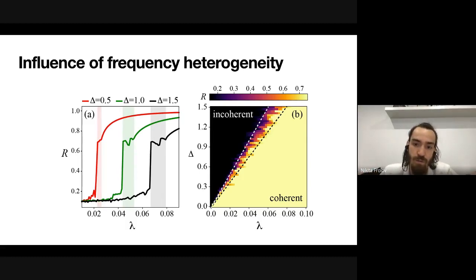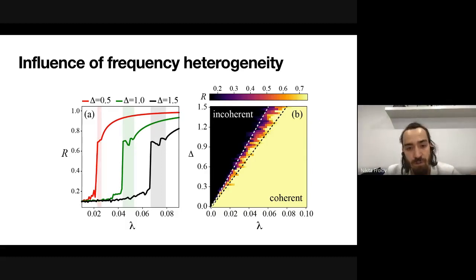Increasing the heterogeneity of the ensemble, we see the plateau of the order parameter, which is represented in the first figure A, for 3 different values of heterogeneity, which says that the transition from incoherence to coherence doesn't happen abruptly.